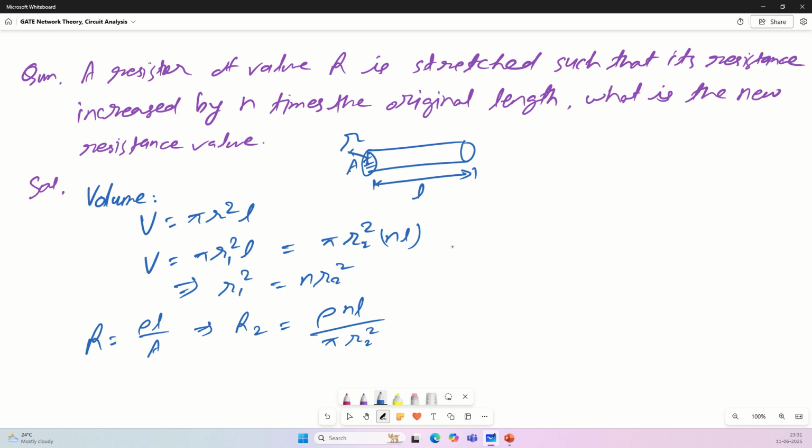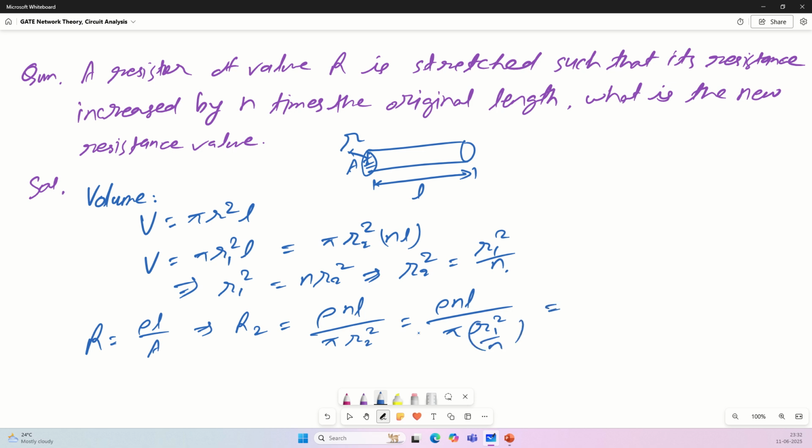Now from here we will try to find out r2 square. So r2 square is nothing but r1 square by n, right? In this case my R2, that is the resistance of the new element, will become rho nL divided by pi, r2 square is r1 square by n.